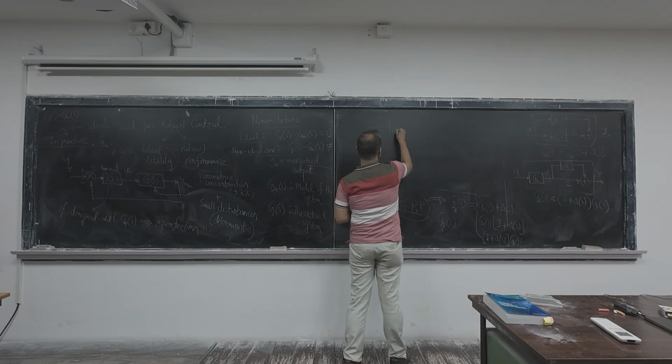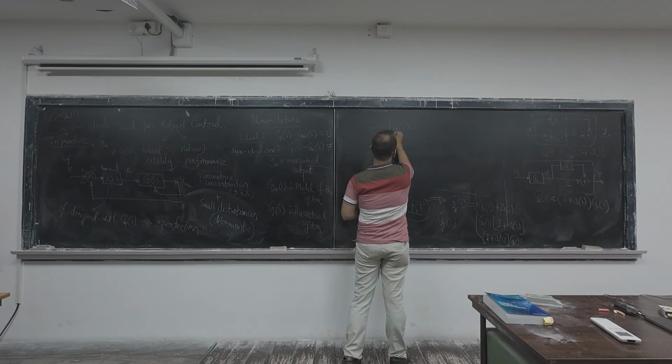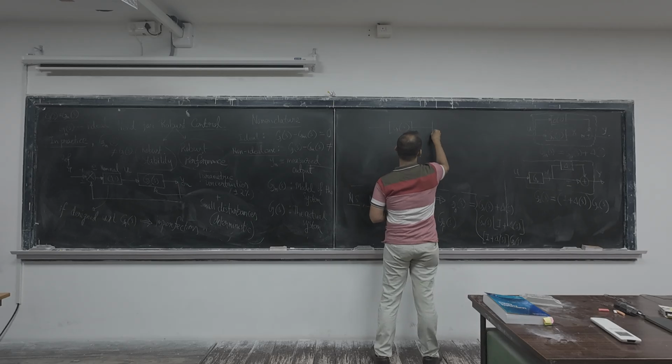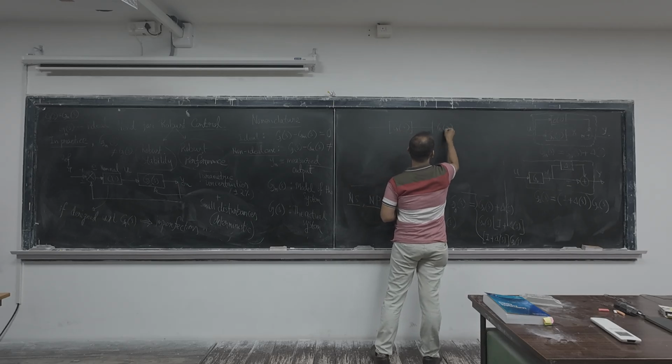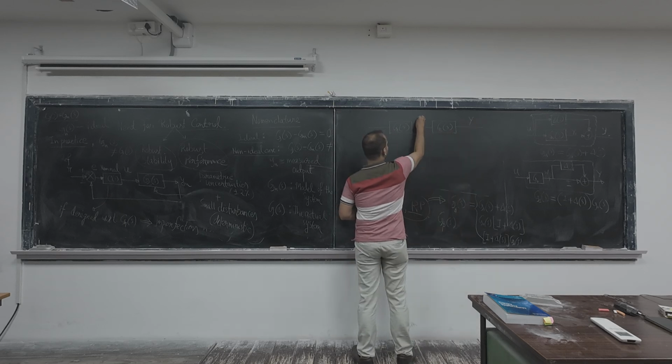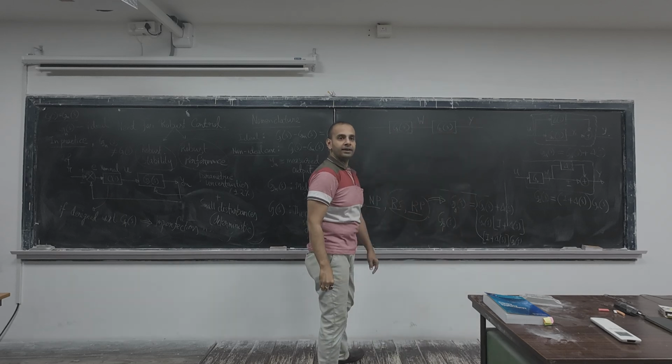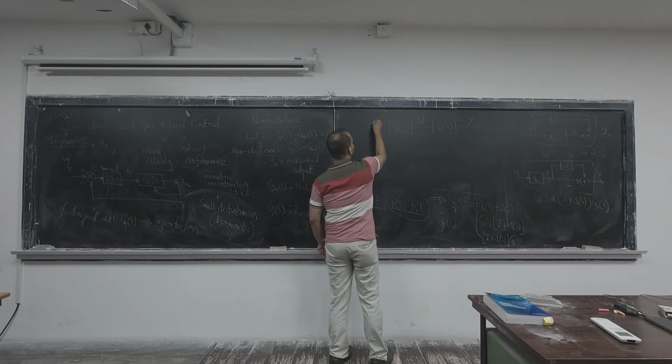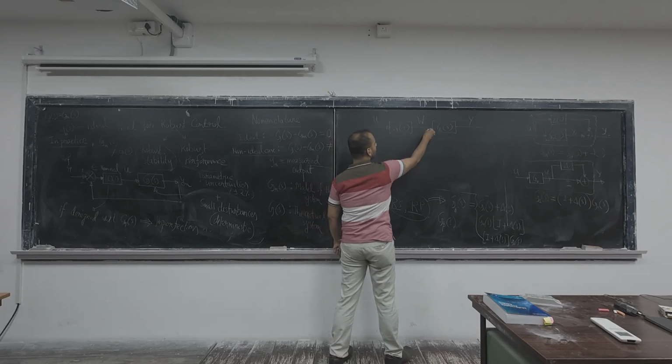Let's see a general case. Suppose you have a cascaded representation of G1 of S and G2 of S. This is suppose Y, in between this intermediate signal is called W and this is suppose U. Then how would you write?